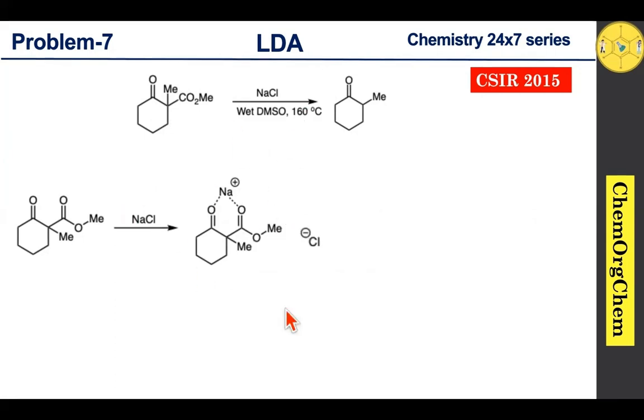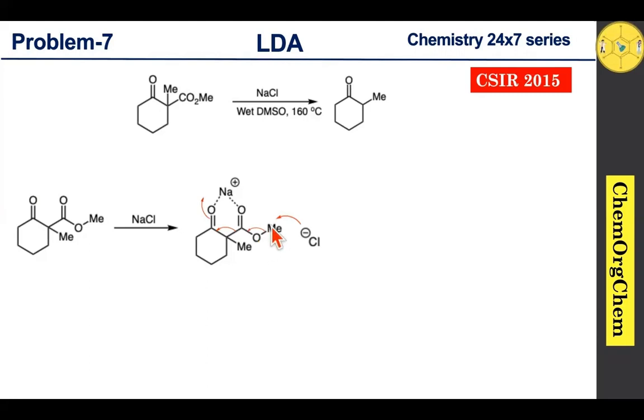In this medium Cl minus is also available. Usually, the chloride ion is not a good nucleophile to attack this methyl group. However, in the presence of wet DMSO, it readily attacks the methyl group through an SN2 type of reaction.